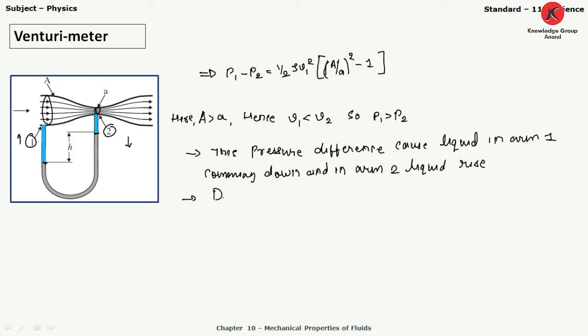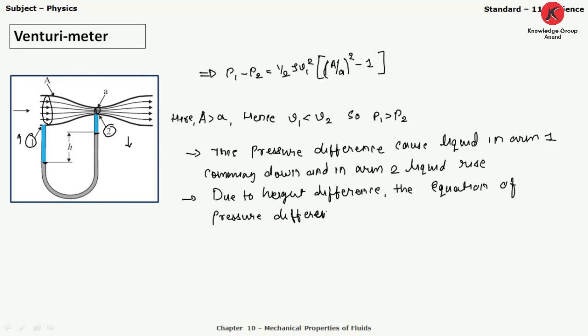So due to the height difference, the equation of pressure difference, which is P1 minus P2, is equal to what?